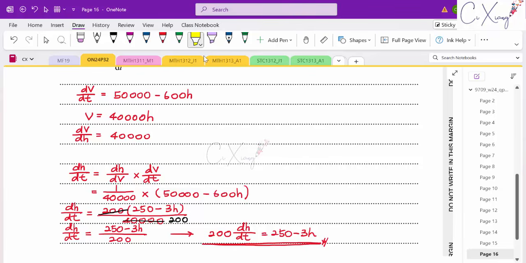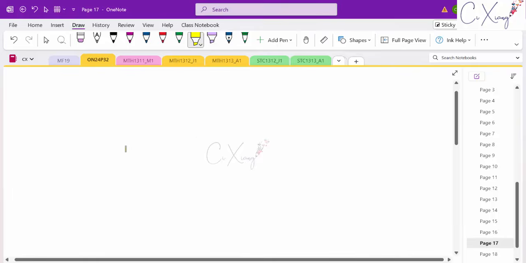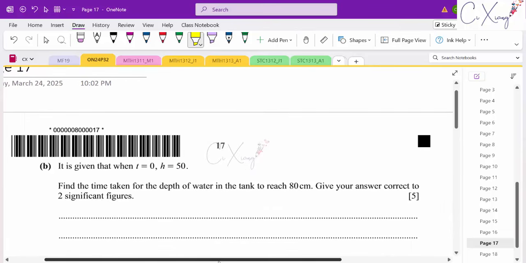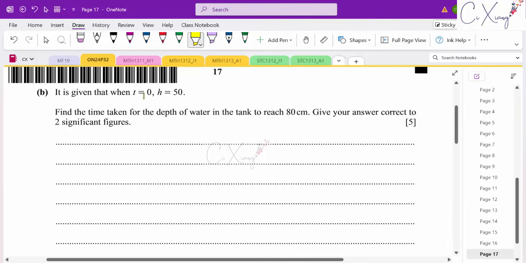Right, so this is what we have for part A. Then let's continue to part B. For part B, it is given that t equals 0, h equals 0. They want us to find the time taken for the depth of the water tank to reach 80 cm. So this is h equals 80. Give your answer correct to two significant figures.